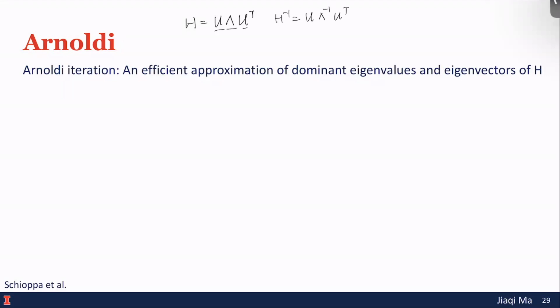If we know the eigendecomposition of H, then the H inverse problem, and also the Hessian vector product, will be very easy. For G prime H inverse G, you just project G and G prime to the eigenspace, and then weight by the inverse eigenvalue. So that calculation will be very efficient.